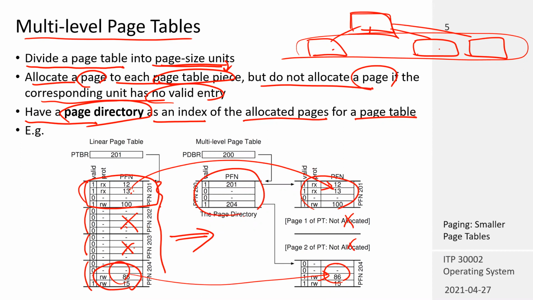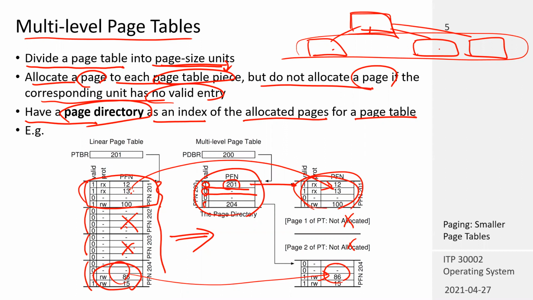And here we have an index system, a directory system, which says that the first unit of the page table can be found on frame 201, which is in here. And there's a piece of the page table. And the next one, we don't actually need any data for representing it.